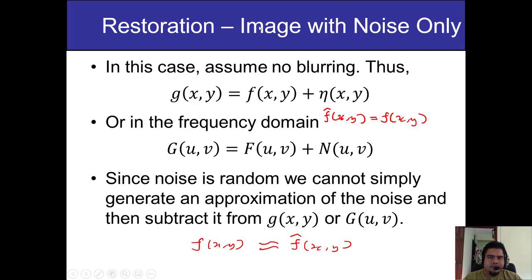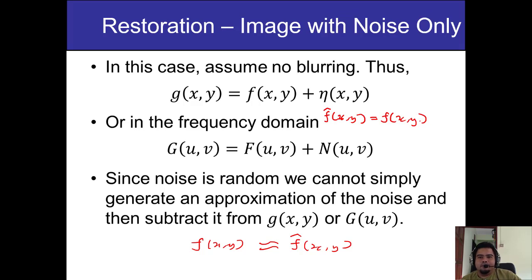After you assume that there is no degradation function or blurring function h, the definition of your affected image G can be simplified into just f plus your noise, eta, which represents the noise.